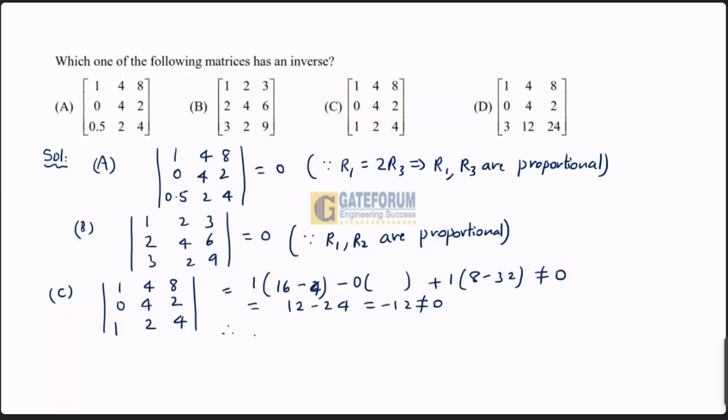Therefore, the matrix 1, 4, 8, 0, 4, 2, 1, 2, 4 has an inverse.